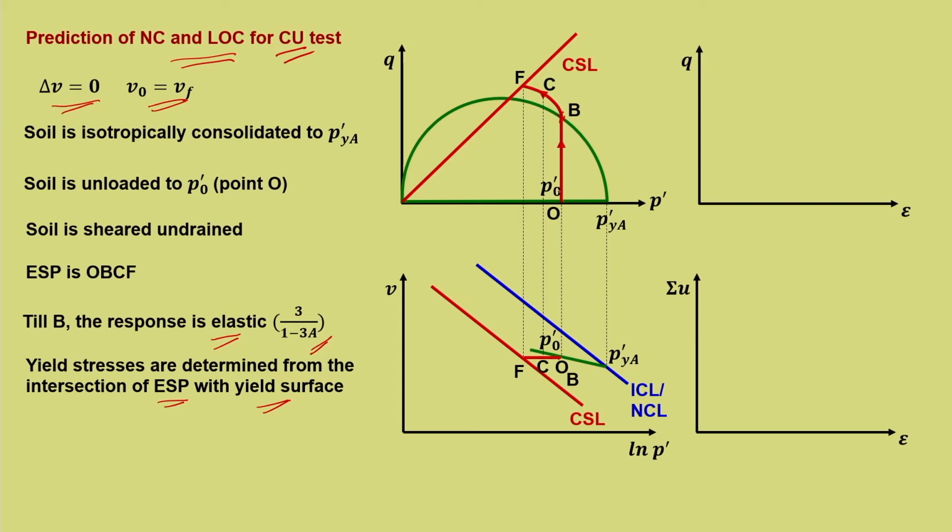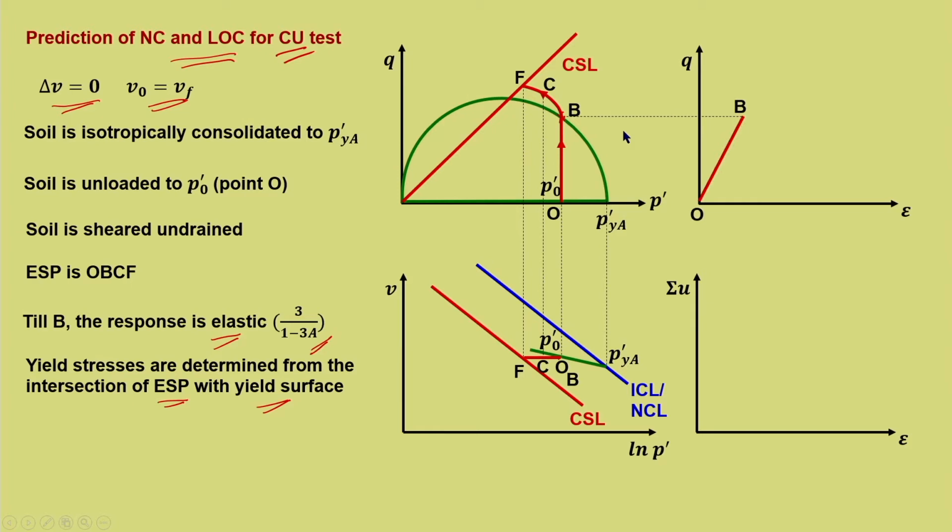So, one can always substitute the values in the elliptical equation and obtain the value of Qy and P dash y. Similarly, for F also we will get the value of P dash F and Qf, and mostly you can get the results from the geometry of the figure itself.